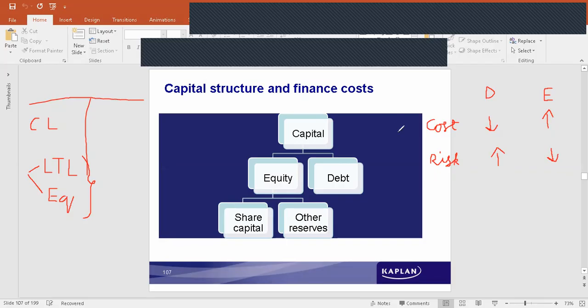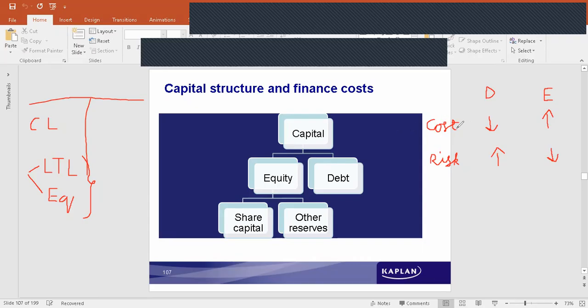Of course, not everybody follows that because of various objectives of the organization, to maximize their profit or to play safe. Then they take their own decisions. But ideally speaking, the capital structure should be in equal proportion.